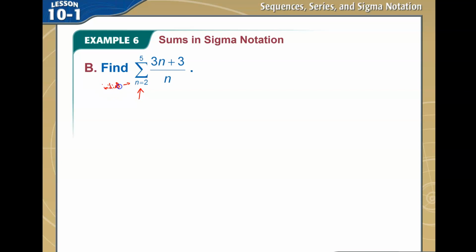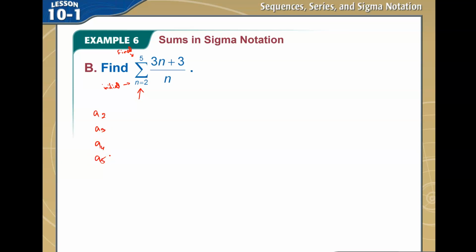This will be the start of substituting n values, and that will be the final value. So you are going to find a2, a3, a4 and a5.